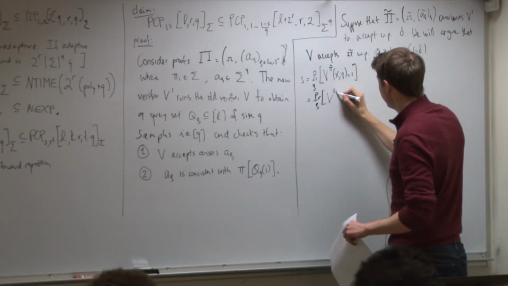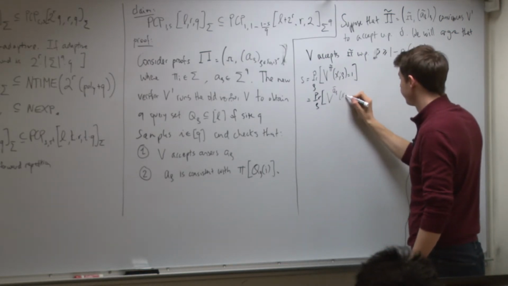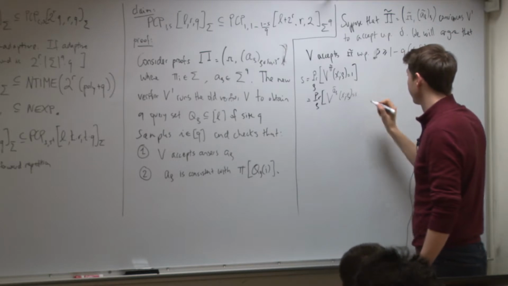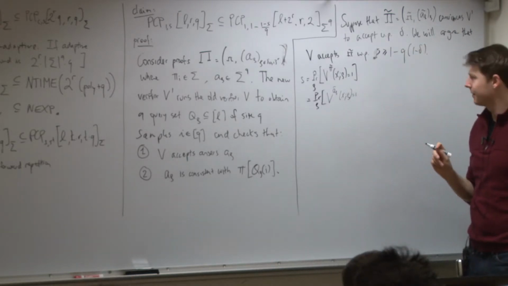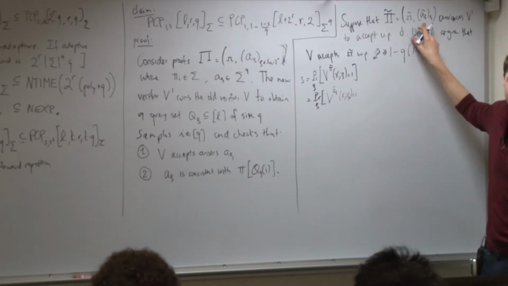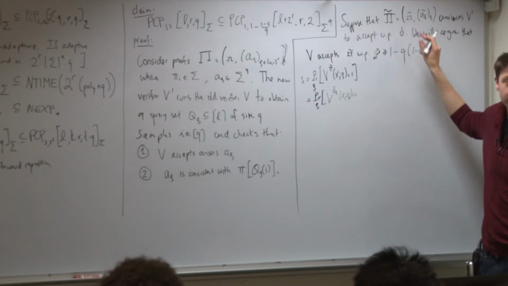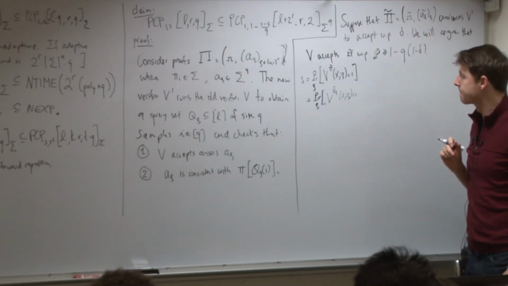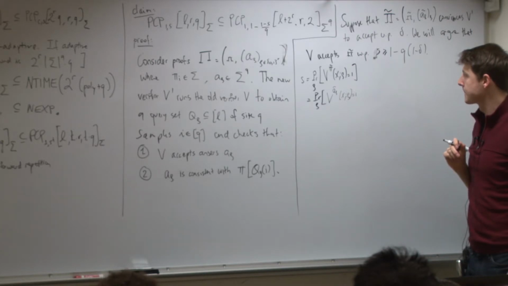I could write a rho here, tilde, right? But maybe that guy is not a good one, right? Would be given that the old verifier confirms that this answer is consistent with the old verifier?